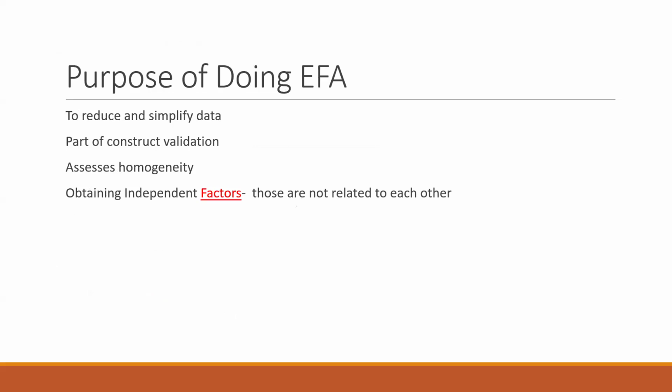The purpose of doing EFA is to reduce and simplify the data. It is a part of construct validation and a part of questionnaire development and finalization. It assesses the homogeneity of the factors and obtains independent factors which are not related to each other, and our data set after running EFA gets ready for CFA.